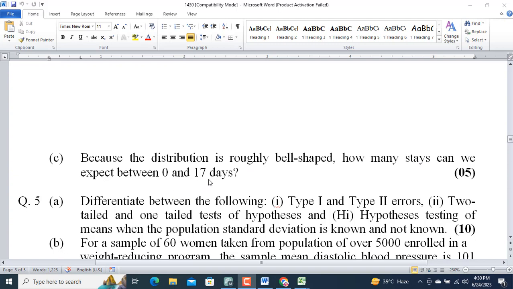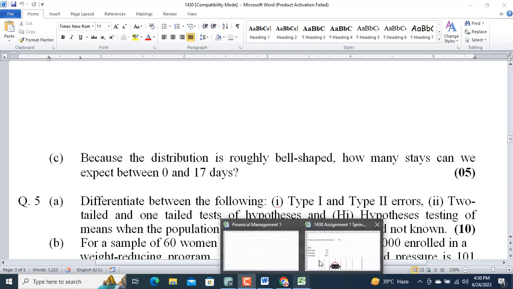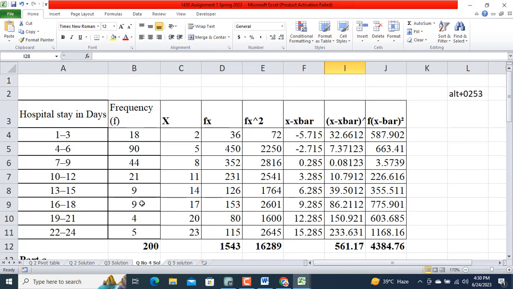So let's move to the solution that I have already solved in an Excel workbook. So here is the solution, here is the data. Hospital stay in days in the form of groups or classes, frequency is given. So I am going to determine the variable x, which is simply the mean of this group, obtained by adding the lower limit plus the upper limit and dividing by 2.